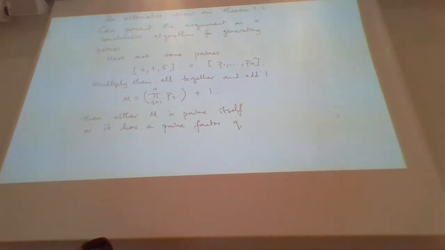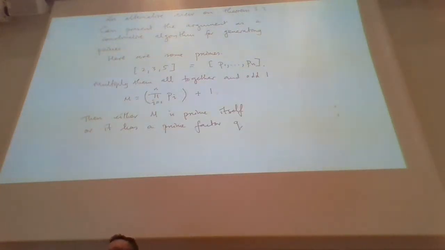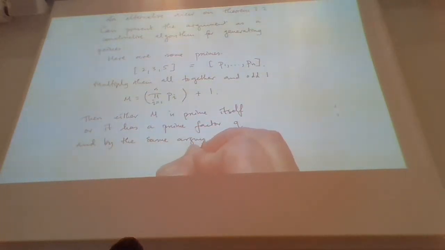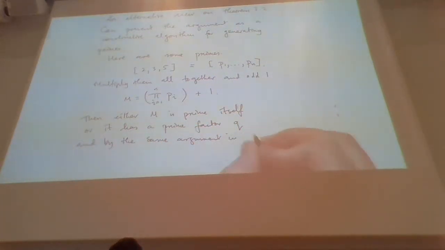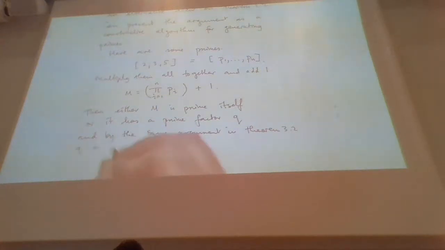Because of the same argument in the middle of Theorem 3.2, if this prime factor q was one of these p's, then it would have to divide 1, and that's a contradiction. So by that same argument in Theorem 3.2, q is a new prime. It can't be one of the pi's.